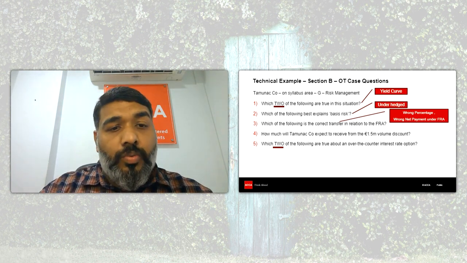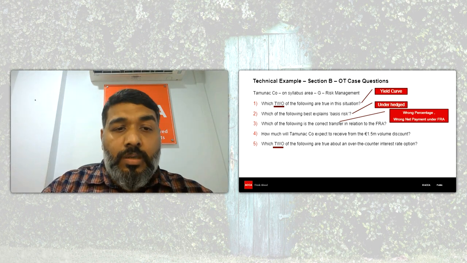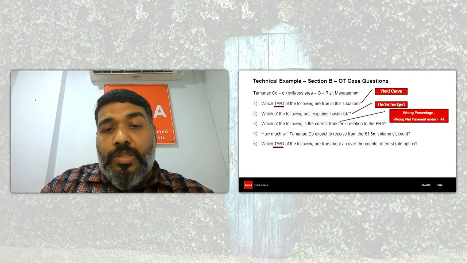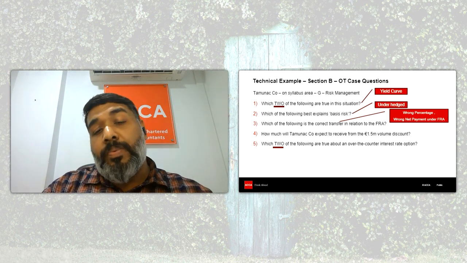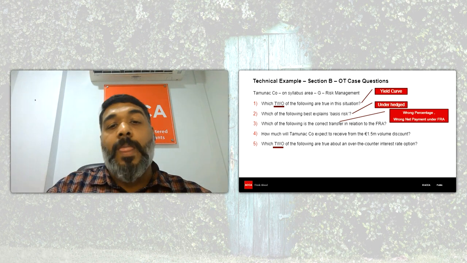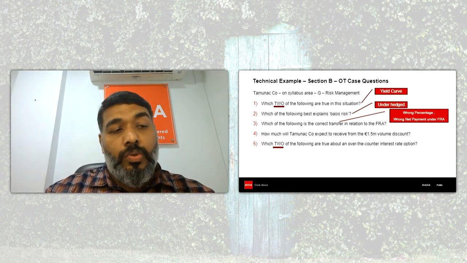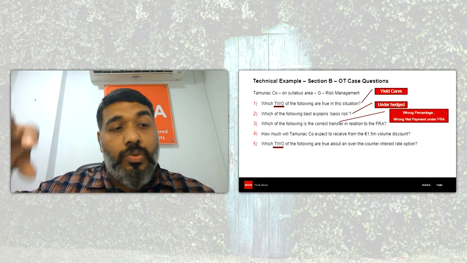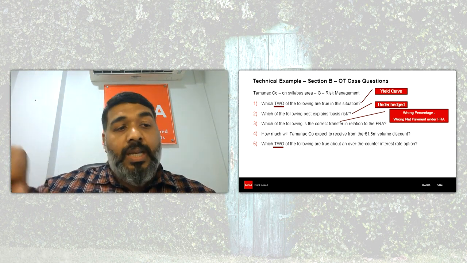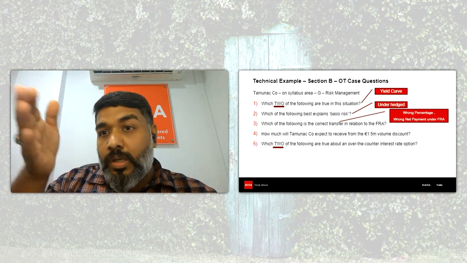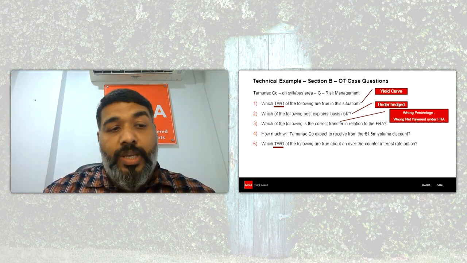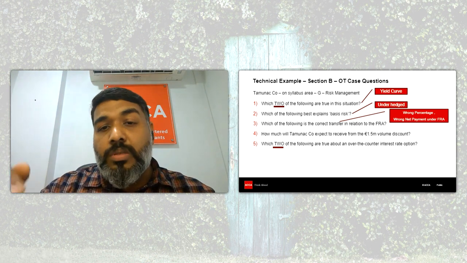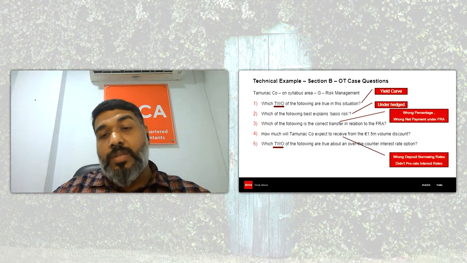And with regard to the fourth one, how much will Tamanak company expect to receive from the euro 1.5 million investment? Here you were supposed to do the money market hedging, and in that money market hedging, the wrong foreign and home borrowing and deposit rates were selected, and most of them did not convert it into the respective pro rata interest rate.